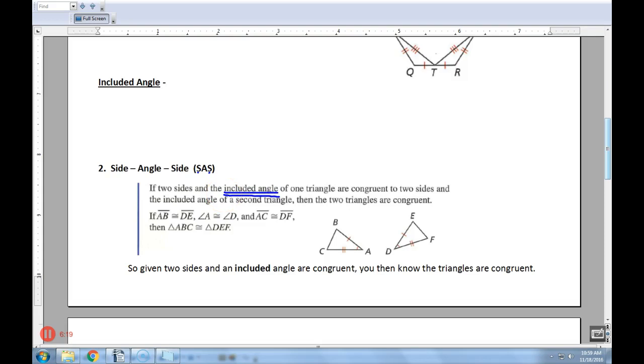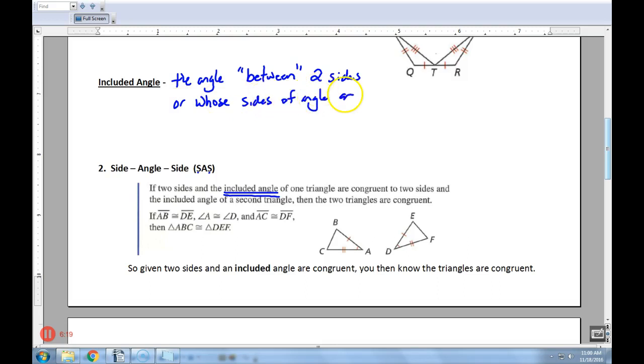An included angle is the angle, I'm going to put it in quotes here, the angle between 2 sides, or whose sides of the angle are sides of the triangle.